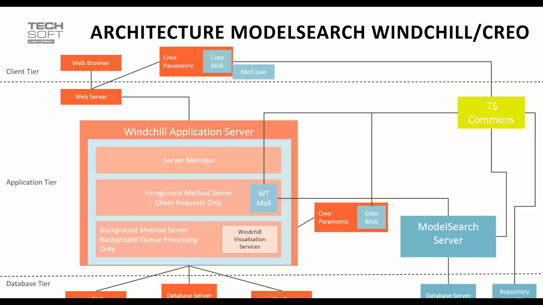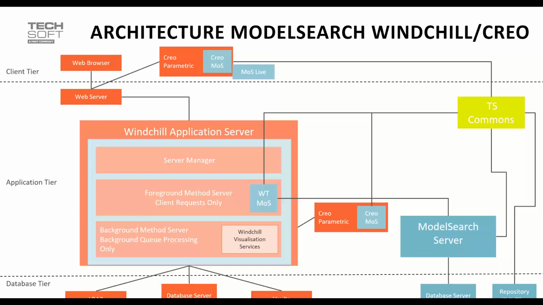The license type is floating, which means if you are a Windchill user and you work with ModelSearch, then after a time period, which is configurable, normally within 20 minutes, the license gets freed for the next user if one of your colleagues is not working with it.